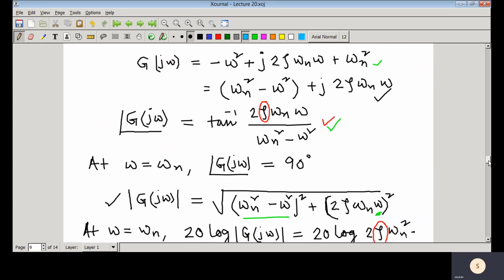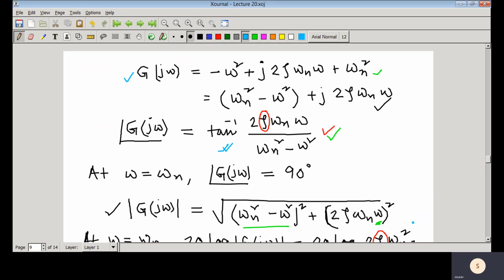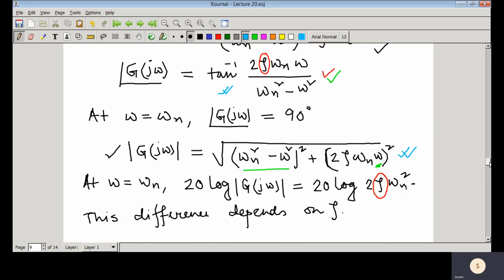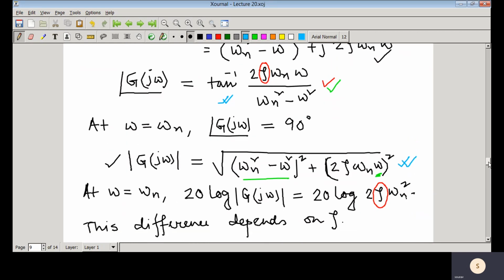Now we are discussing what the exact angle and magnitude would be. The angle comes in that form and the magnitude becomes this one. In both cases we have seen that they depend on the zeta value, that is the damping ratio.